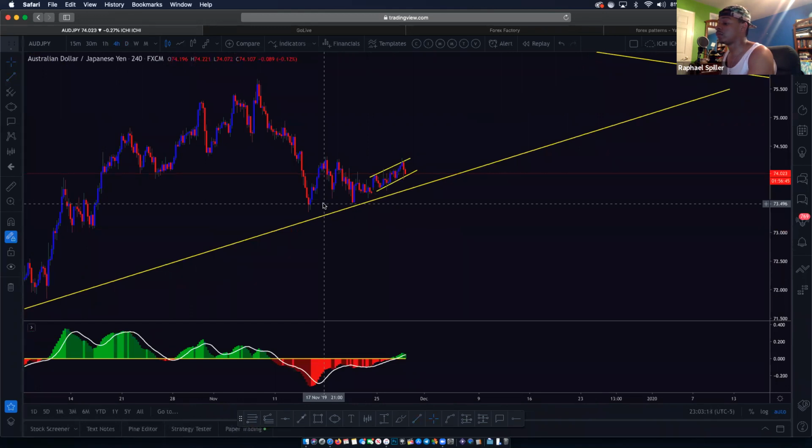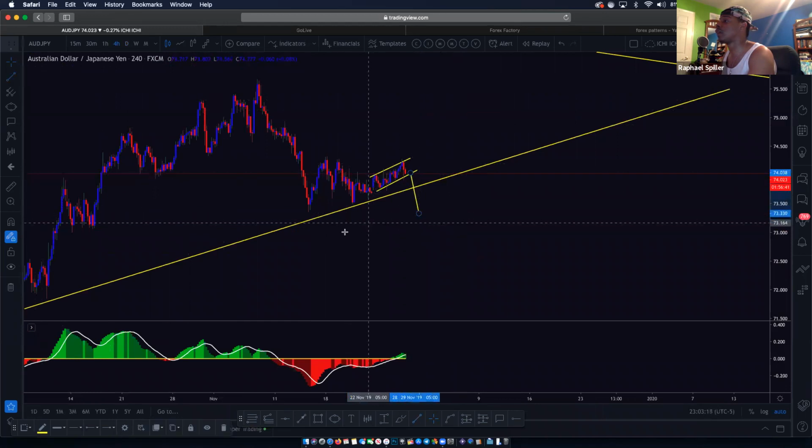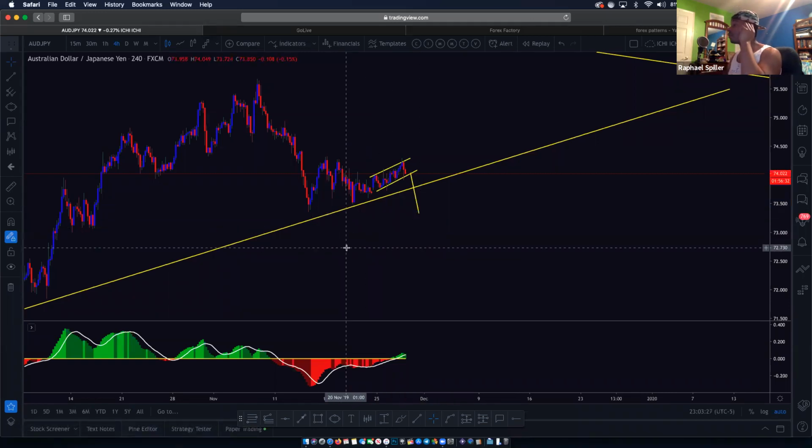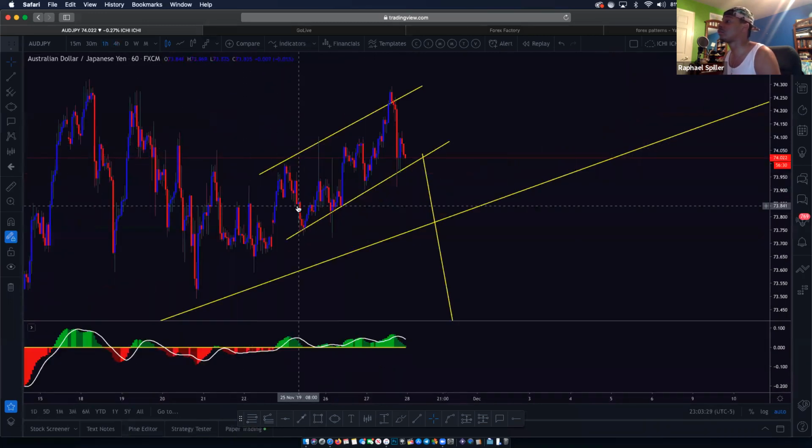It's not going up aggressively. It looks like it's still going to flag down. I don't like how that looks. So currently right now, I just got out of the trade. I don't like how that looks. It's not moving with enough momentum for me.